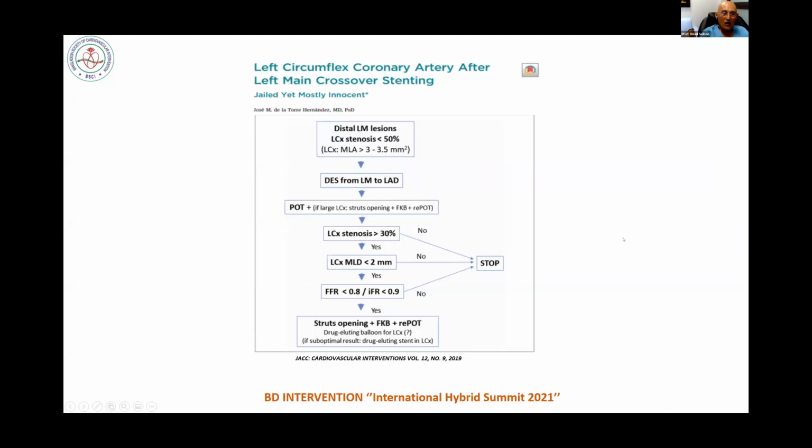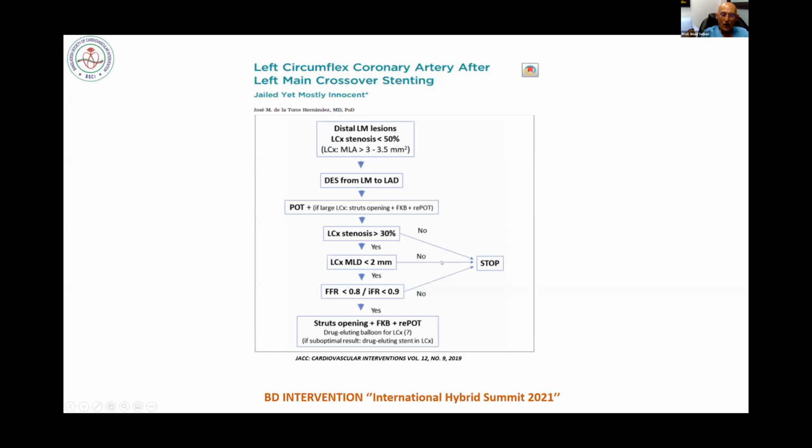So I will finish with this flow chart given by Latorre Fernandez for distal left main. When you go for single stenting, you should leave it as single stenting until you have a very compromised, I mean, a very threatening abrupt closure of the vessel.